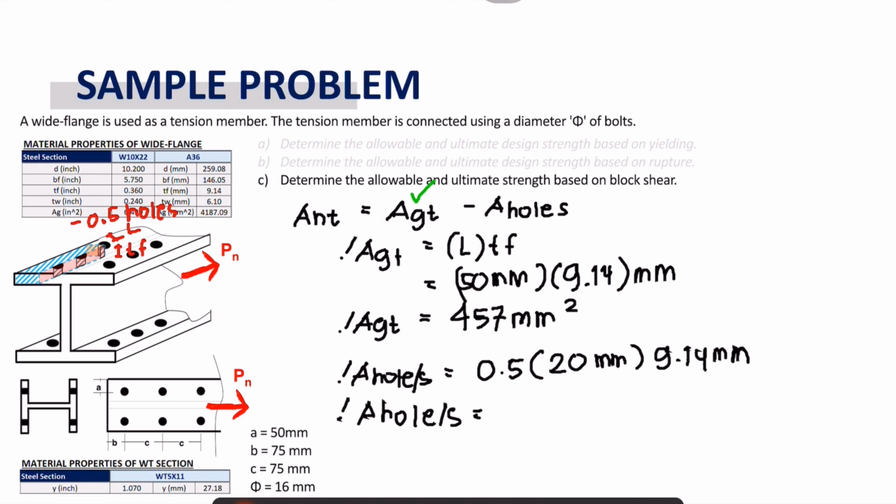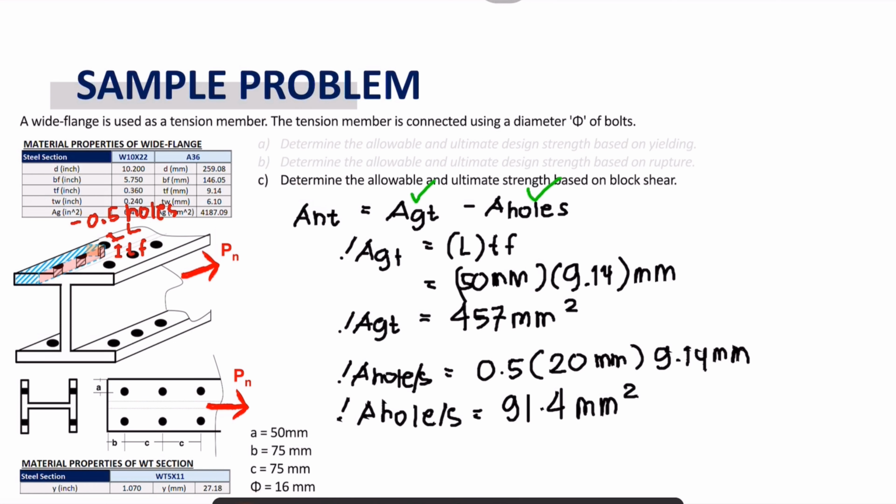Pero anyway, our area of holes would be equal to 91.4 mm squared. So, meron na tayong gross area for tension, meron na tayong area of holes, so therefore, we can now totally solve for our area net in tension side.